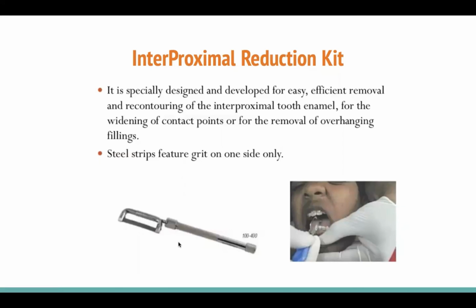When you want to strip only one tooth, then you use a single-sided strip. But if you are doing the IPR and you want to remove 0.5 millimeter on the right and 0.5 millimeter on the left, and you want to use only one motion, then you can use a double-sided strip.